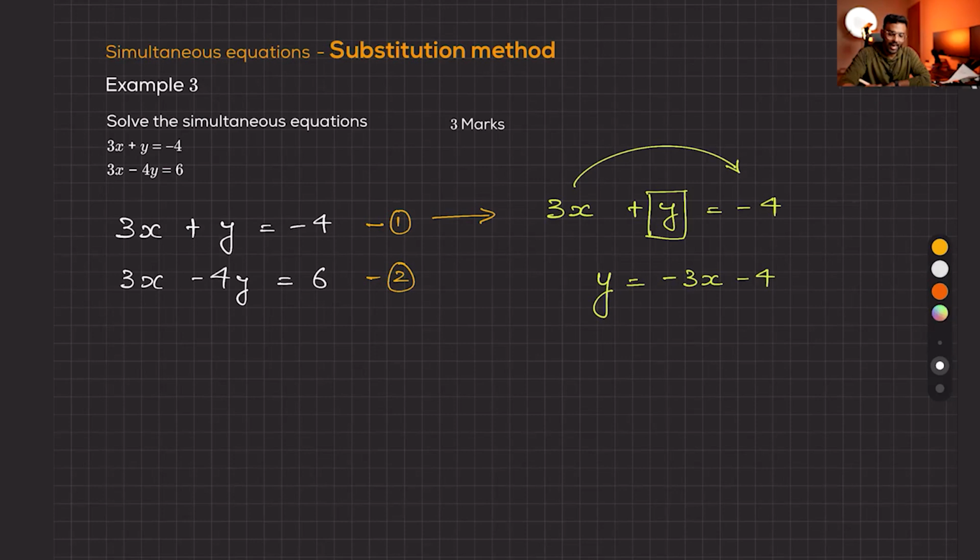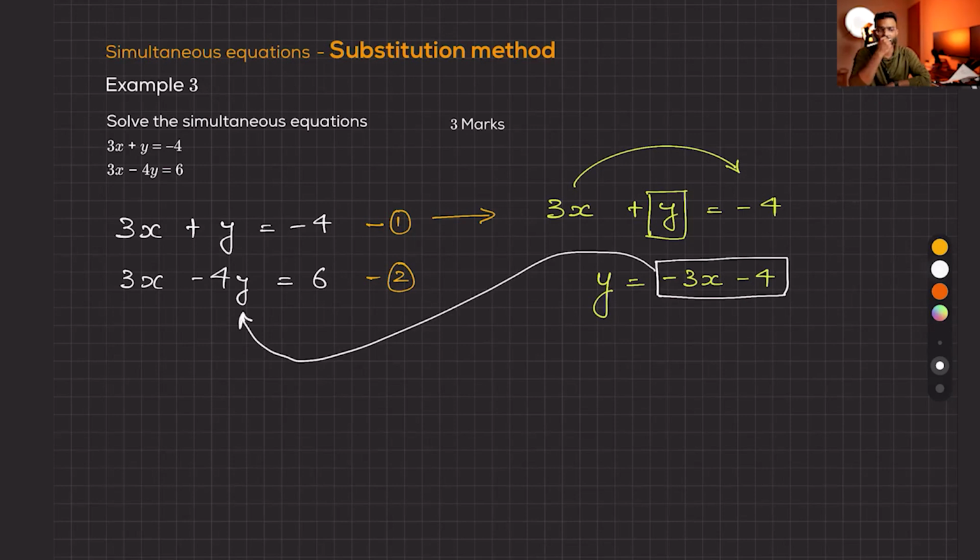Now, I am going to replace or substitute this instead of that y. Got it? How many of you didn't understand it? Just say if you didn't understand, let me know. This is crucial.